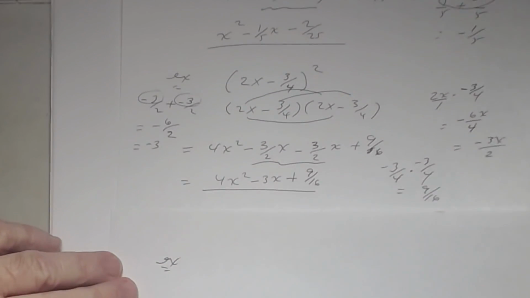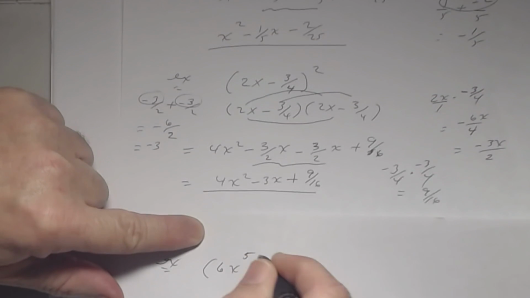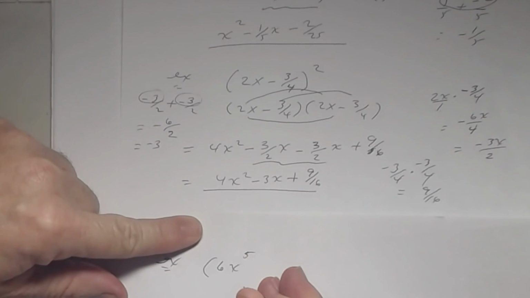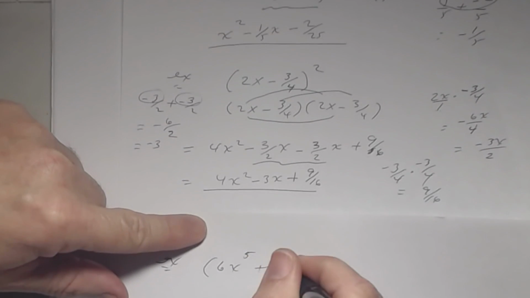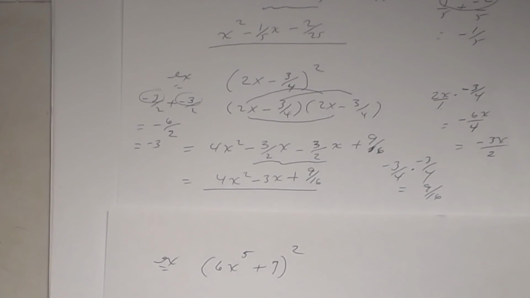All right, this is an example. Let's suppose you had 6x to the 5th plus 7, squared. So what are you going to do? Multiply by itself.